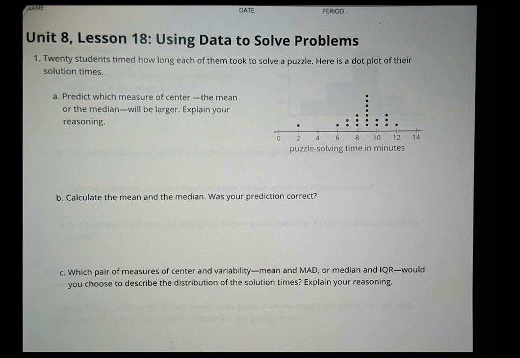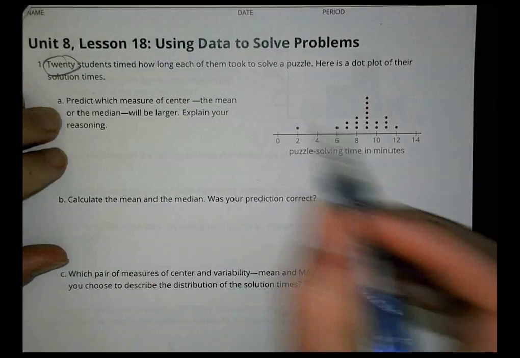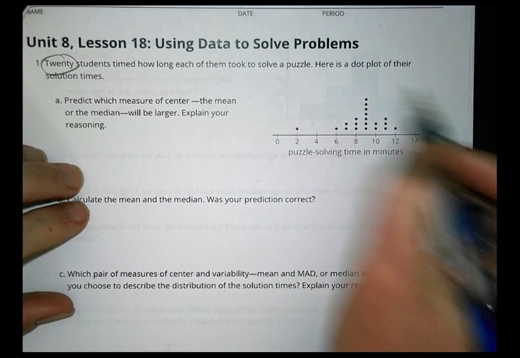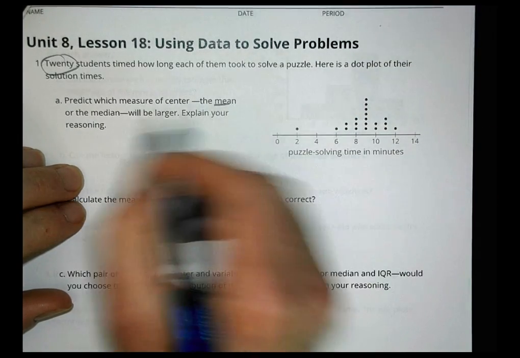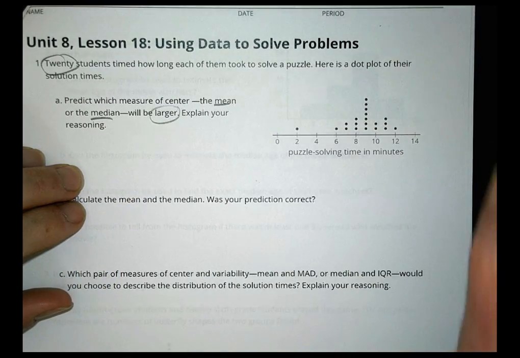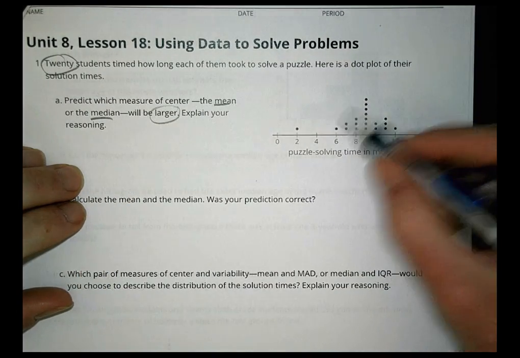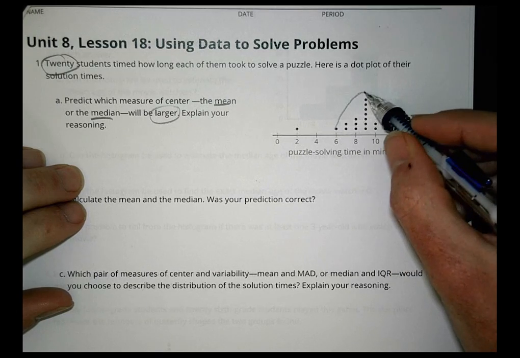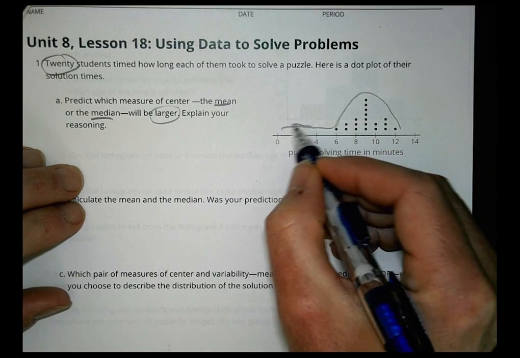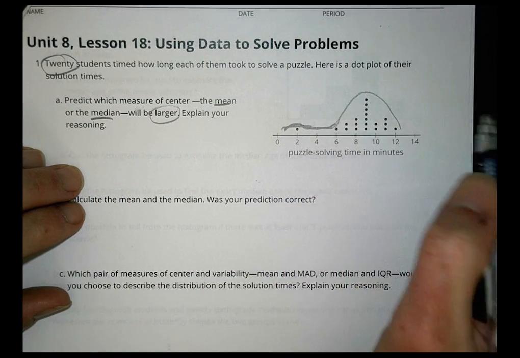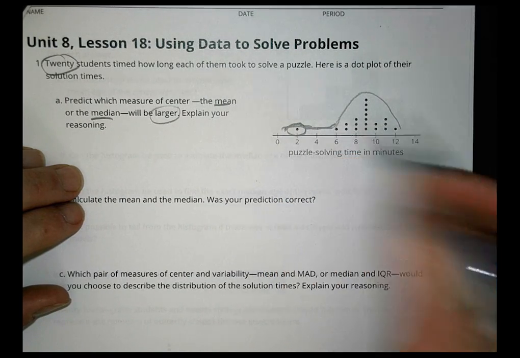All right, homework for Math 6, Unit 8, Lesson 18. It says 20 students timed how long it took them to solve a puzzle. Here's a dot plot of their solution times. Predict which measure of center, the mean or the median, will be larger, and explain your reasoning. Overall, this shape is symmetrical, but because we have this one value over here, it's going to have an impact on the mean.